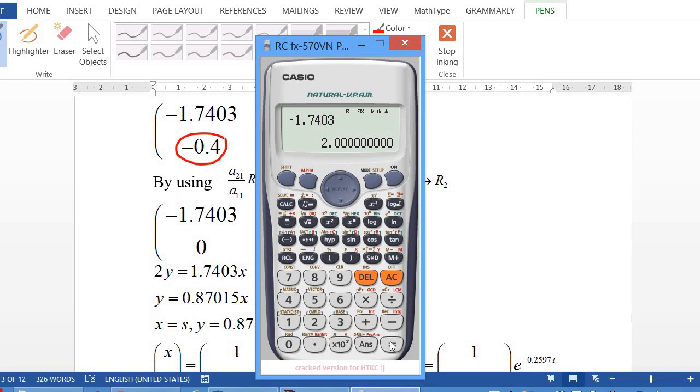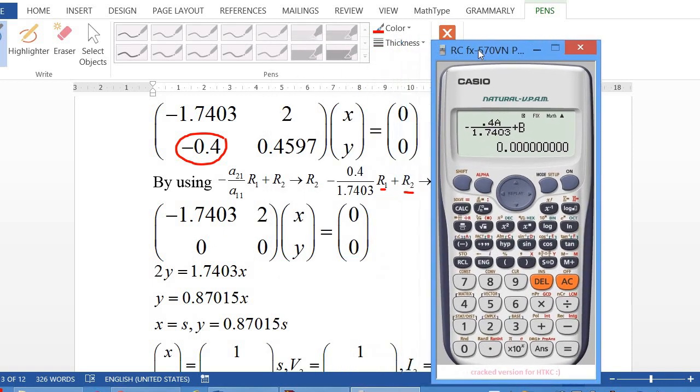B is row 2, negative 0.4. So you get result 0 here. And then repeat for the second column. We calculate, A here is 2, B is 0.4597. You get this one, which approaches 0. Hence, the second row reduced to 0x plus 0y equal to 0.